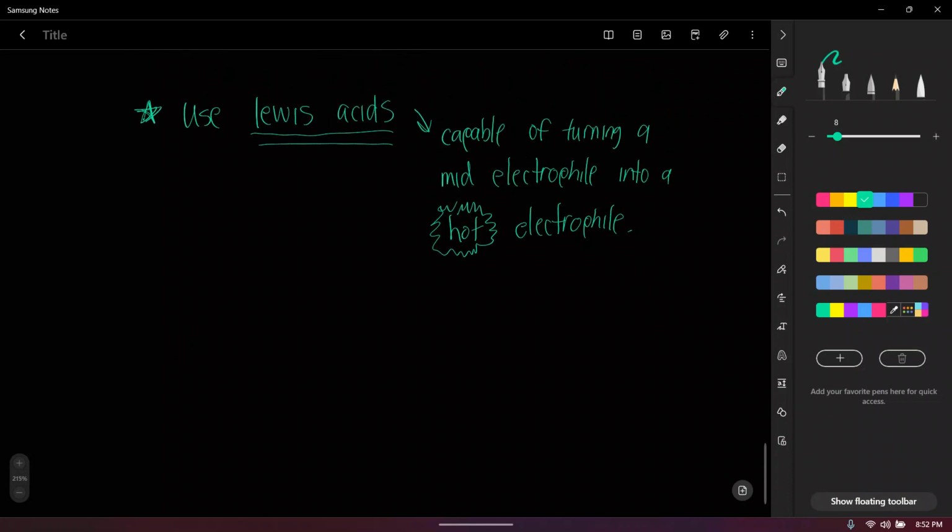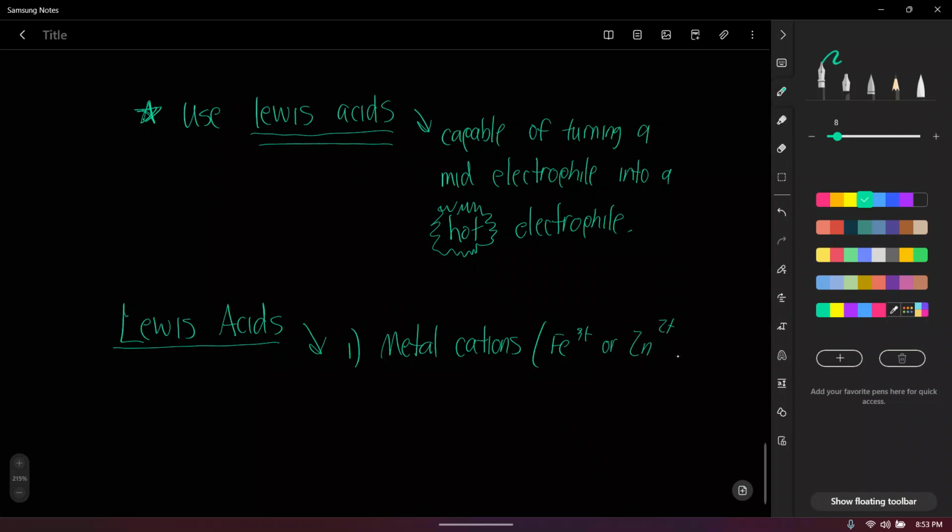So how do you know what a Lewis acid is? Okay, so Lewis acids, okay, they're one of 2 types, okay? They are either metal cations, so something like iron 3 plus, or zinc 2 plus, or copper 2 plus, etc. So they're either metal cations or they're incomplete octets.